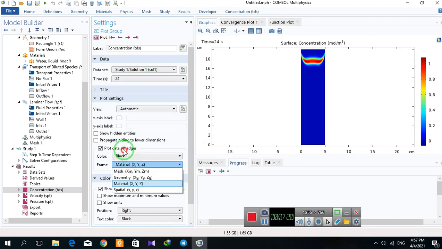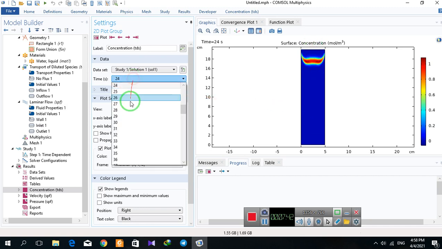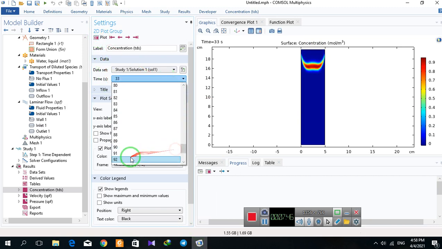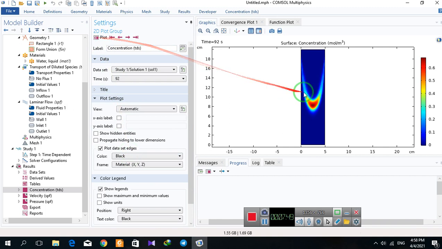It's fantastic because you can track the phenomena of mass transfer. You see the middle part of the reactor, the transfer is much faster than near the walls, because the velocity is higher in the middle of the reactor or our tube. So it is the movement of that part.